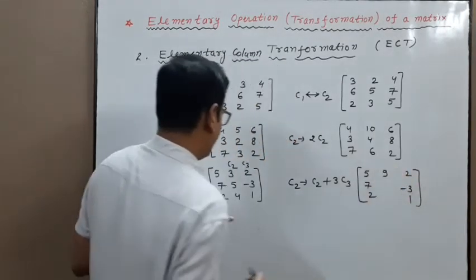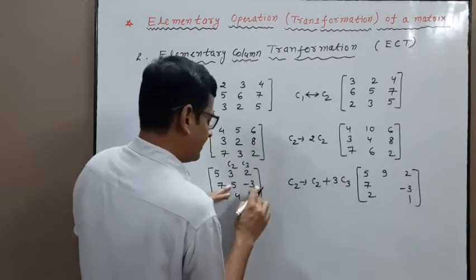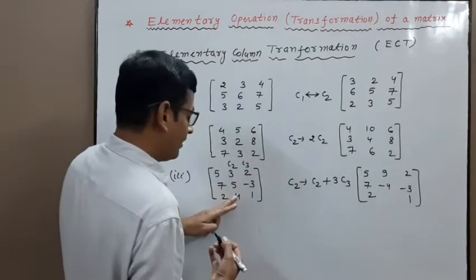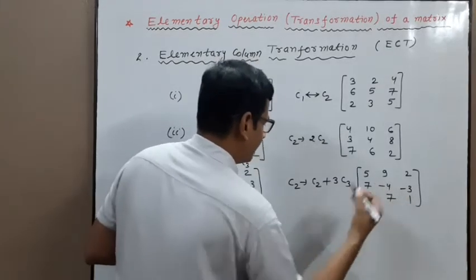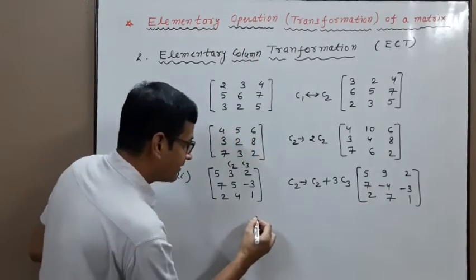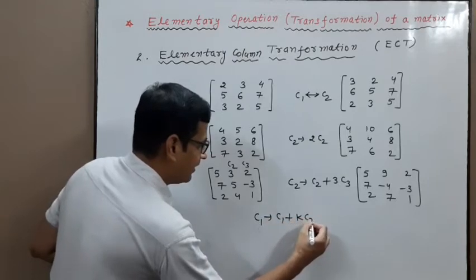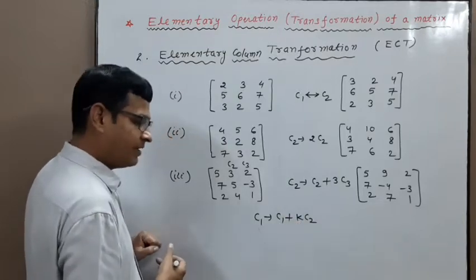Only C2 changes. Now 5 plus 3 into minus 3, minus 9 plus 5, minus 4. And 4 plus 3 into 1, 7. So in general we can apply such operations: C1 tends to C1 plus K into C2 or K into C3, where K is any scalar.